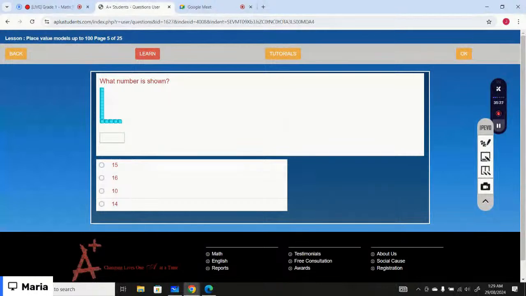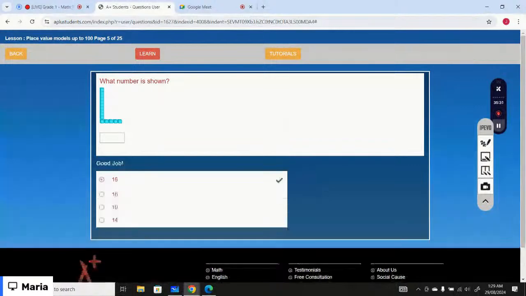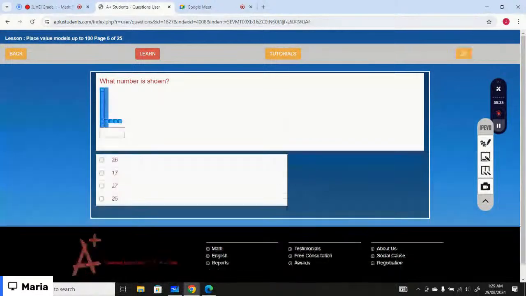Option number 1 is the correct option. What number is shown? Which is the correct option?